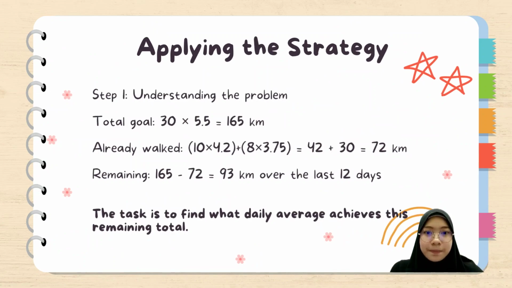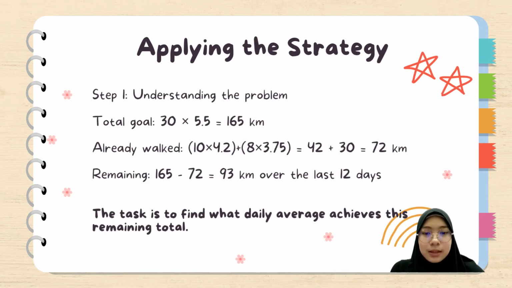Applying the strategy. Let's begin with step 1, which is understanding the problem. Amir's total goal is 30 times 5.5, equal to 165 kilometers. He has already walked 42 kilometers in the first 10 days and 30 kilometers in the next 8 days, making a total of 72 kilometers so far.